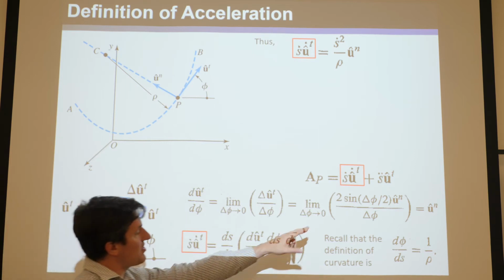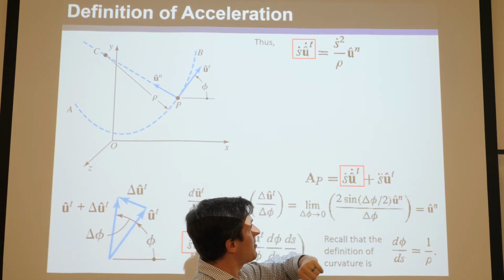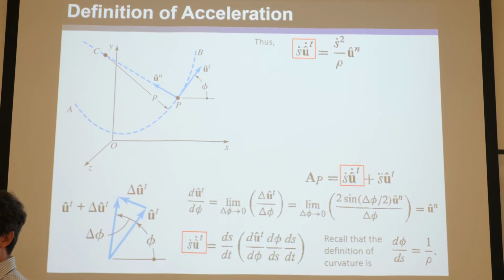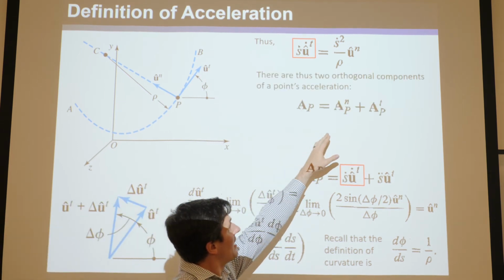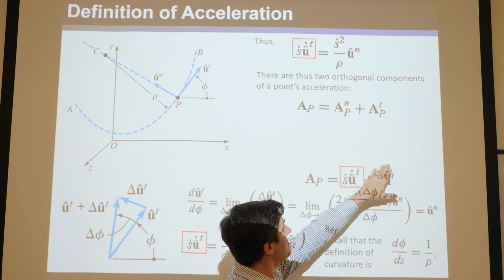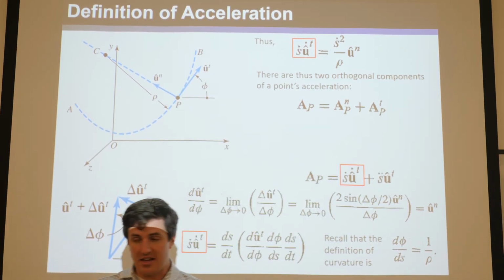So that's exactly what this is. This is the acceleration along the path, and this is the acceleration normal to the path, the centripetal acceleration. Both those components add together, the normal component plus the tangential component, to be the particle's acceleration, AP.